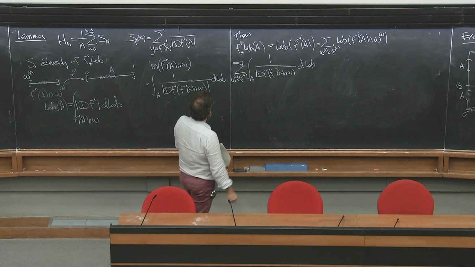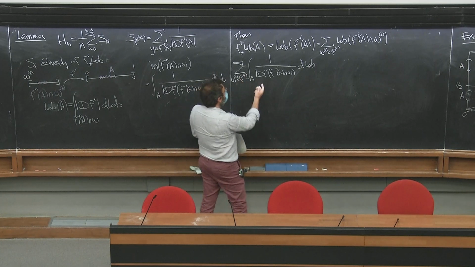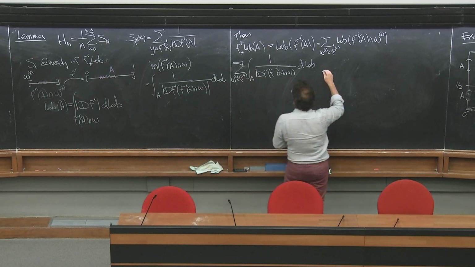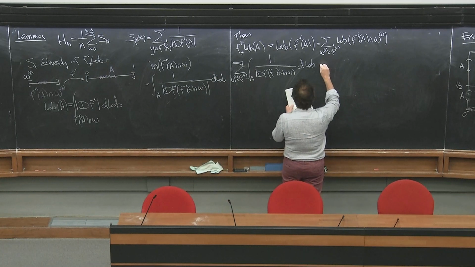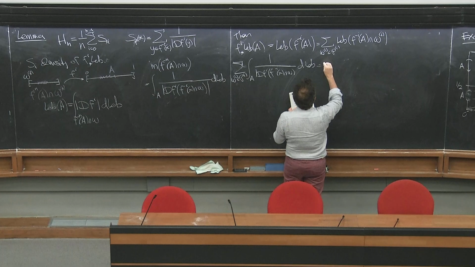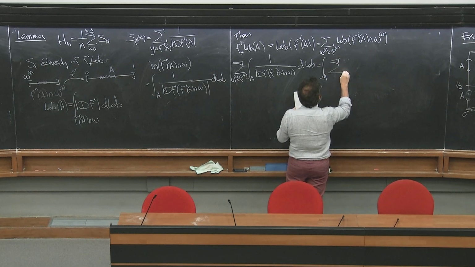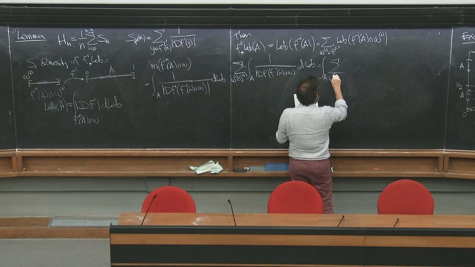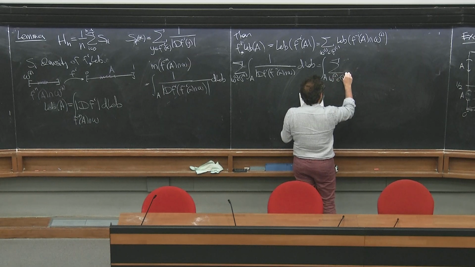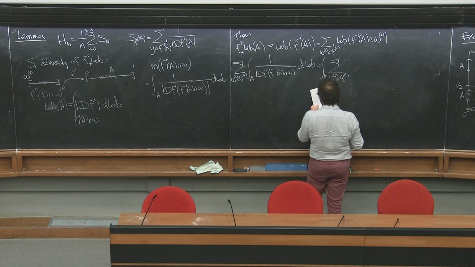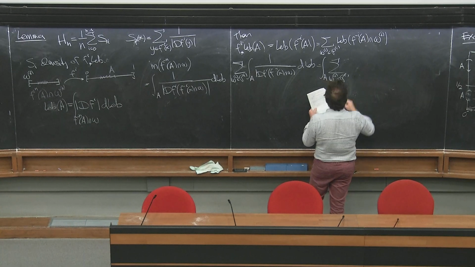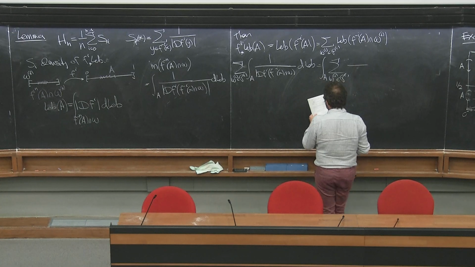And now these are all disjoint intervals, so the sum can go inside the integral. So this is actually the integral over A of the sum over omega_i in Pi of this thing.